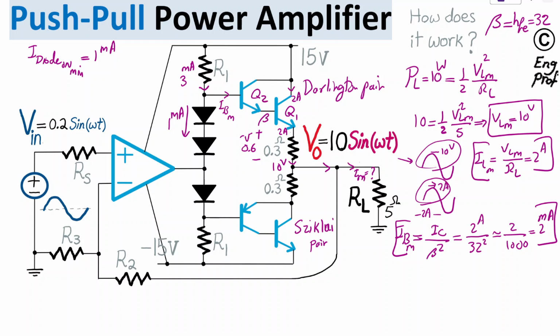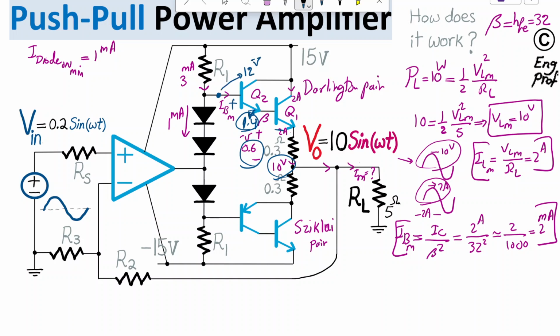So we have an additional 1.4 volt drop across the VBE of the two transistors. So 1.4 plus 0.6 plus 10 gives us the voltage here, which is 12 volt.